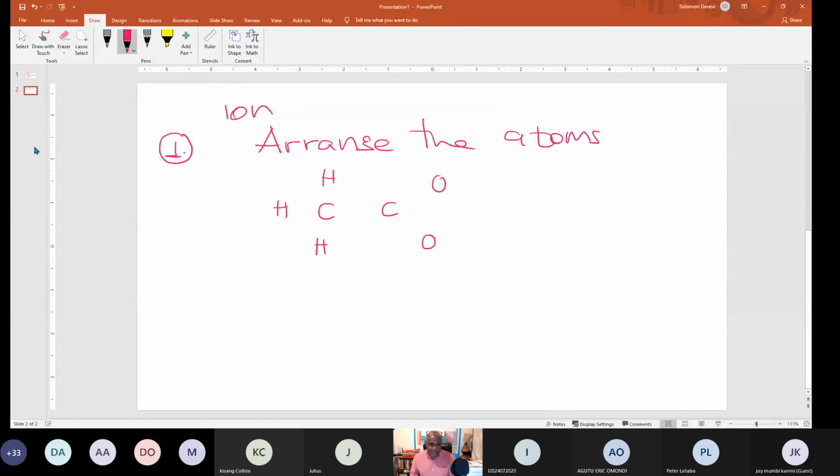And then the next step is to count the valence electrons. Now in this molecule, we have 3 hydrogens, 2 carbons, and 2 oxygens, okay?